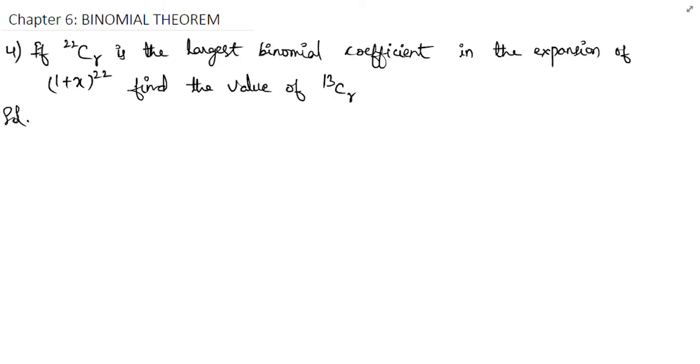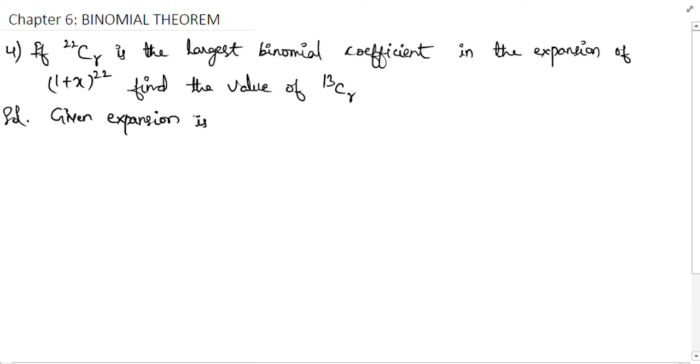Okay, now we'll move on to the fourth question. If 22CR is the largest binomial coefficient in the expansion of (1 plus x) whole power 22, find the value of 13CR. So here the given expansion is (1 plus x) whole power 22. So here n is equal to 22, which is an even integer, right? 22 is an even integer.